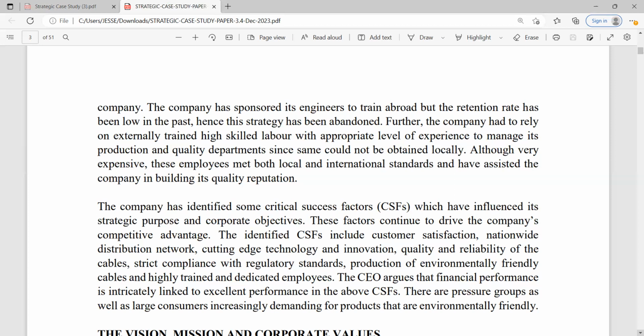Training and development is essentially getting them upskilled, and retention is keeping them. Here we see that the company is struggling to keep the people, so they've abandoned the strategy. So when you see something like this, you should also think about retention strategies. How can you retain your people in the organization?